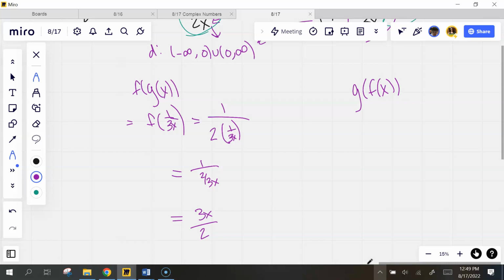This is 1 times, and then flip this over, 3x over 2. Well, this is 2 over 1, so it's top times top and bottom times bottom.